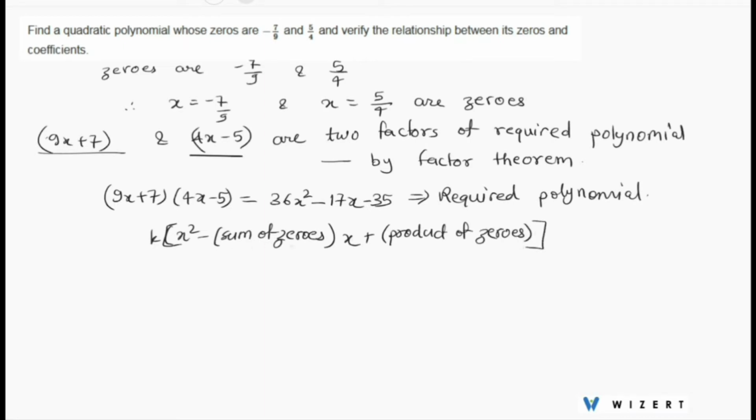These are the sum of zeros and product of zeros. Then this will be your polynomial, k multiplied by x square, where k is a constant.